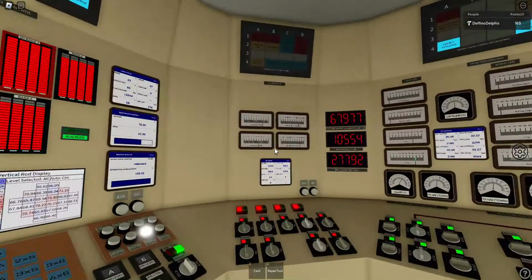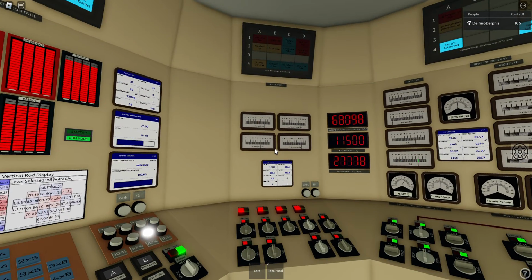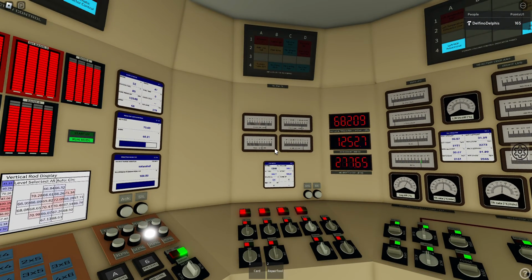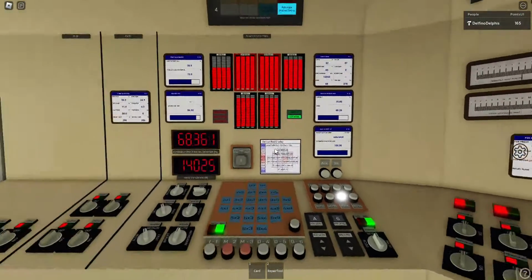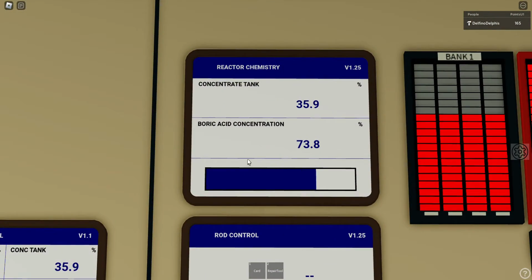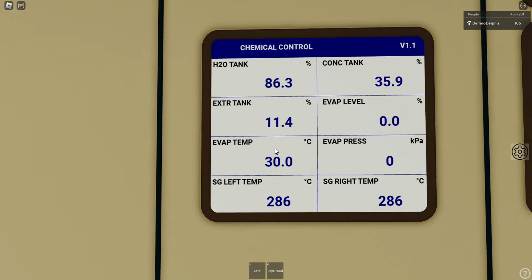This is to maintain constant level. Obviously, if you're injecting something, you want to take out a similar amount. And as there is already some concentration of boric acid in the water, what you have in this extract tank is a mixture of water and boric acid.